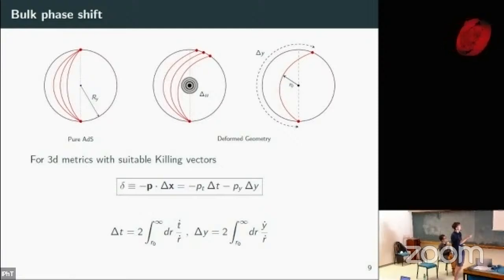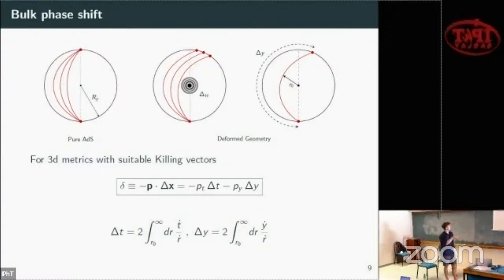From the bulk point of view, the notation is the same: this delta, the eikonal phase. Now, all of the geometries and pictures I have in mind for this talk are in 3D. If we consider microstate geometries, we only consider ones that have a consistent reduction to an AdS3 type geometry, and we assume that we have the relevant Killing vectors in these two directions.